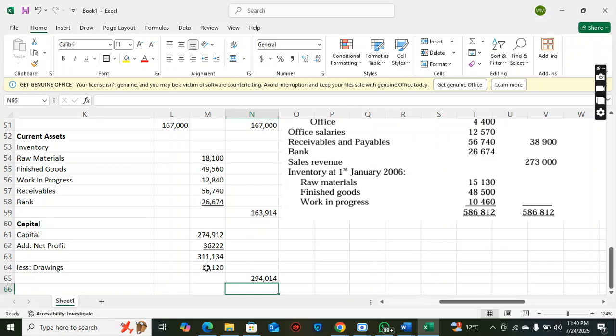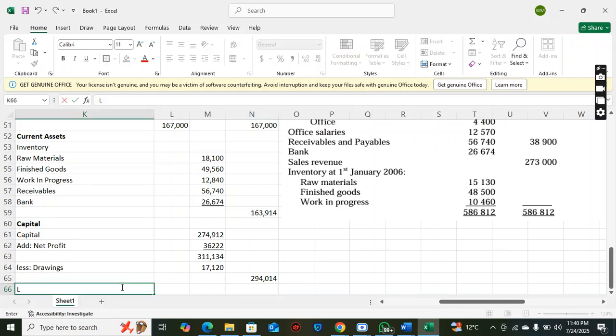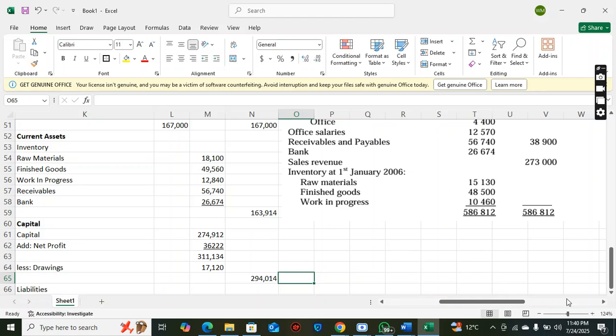All right, now we go to our liabilities. Do we have any non-current liabilities? What's a non-current liability?